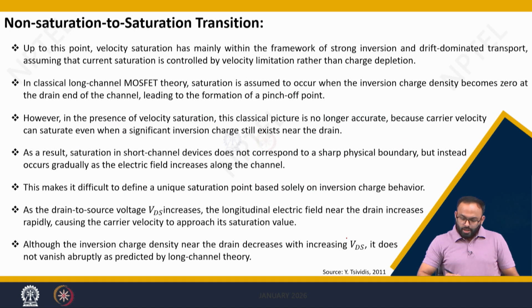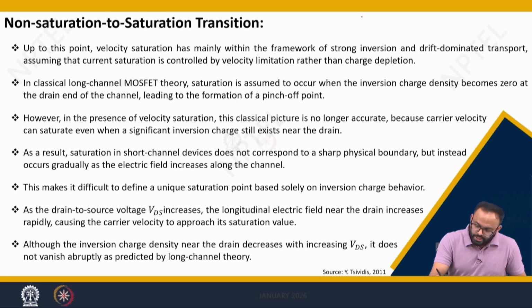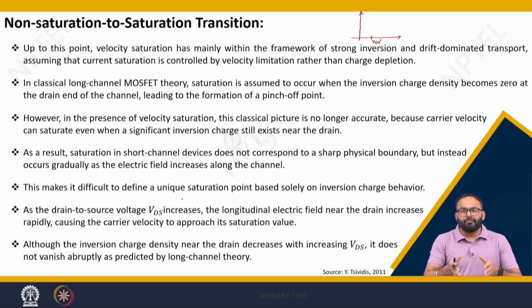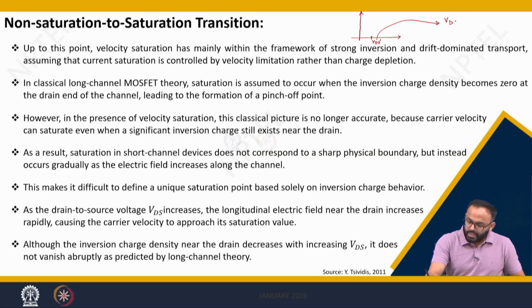Now let us talk about the non-saturation to saturation transition. In the last few slides we calculated the VDS value when you include the velocity saturation, but the physics behind the calculation of VDS dash by just making the slope dID by dVDS zero was as follows.